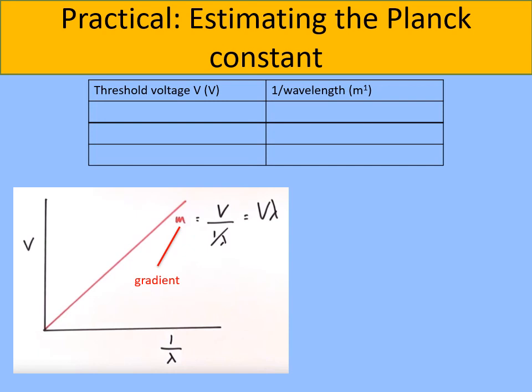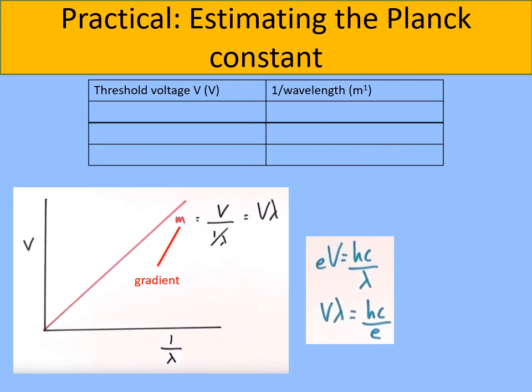The equation of a straight line is y equals mx plus c, c being the y-intercept, but there's no y-intercept in this case, so we just have y equals mx, which is equivalent to threshold voltage equals hc over lambda, multiplied by 1 over e. So we need to find the gradient of this line, which is equal to threshold voltage divided by 1 over the wavelength, which is simply threshold voltage multiplied by wavelength.